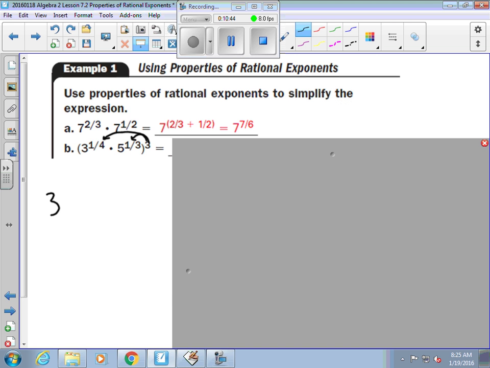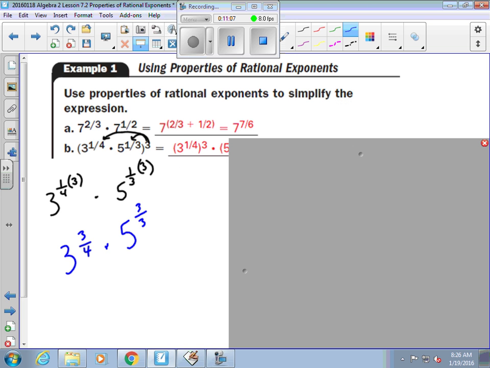So 3 to the 1/4 times 3 times 5 to the 1/3 times 3. 1/4 times 3 is 3 over 4, so it's 3 to the 3/4 times 5 to the 1/3 times 3. 1 times 3 is 3, so that's going to give us 5.